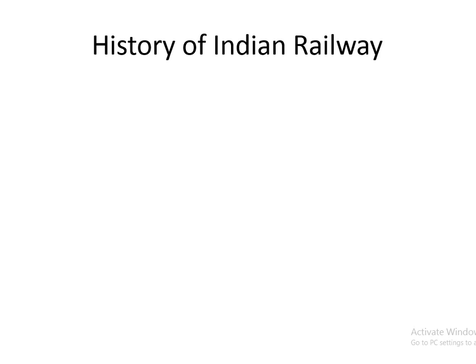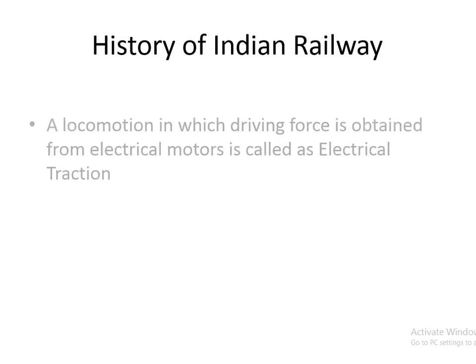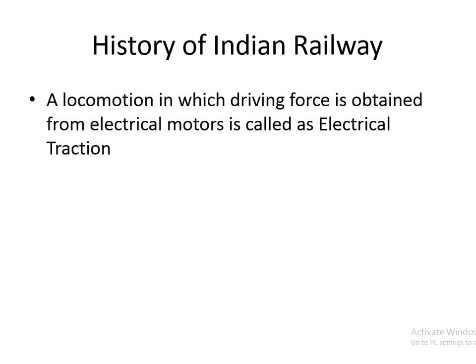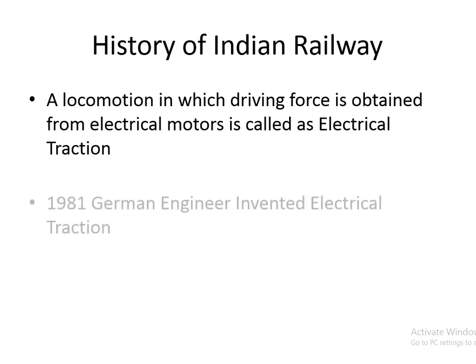Before that, we'll see the definition of electrical traction. What is electrical traction? A locomotion in which the driving force is obtained from an electrical motor is called electrical traction. Exactly, whenever there is a movement of the motor because of the electrical supply, that is called the electrical traction system.